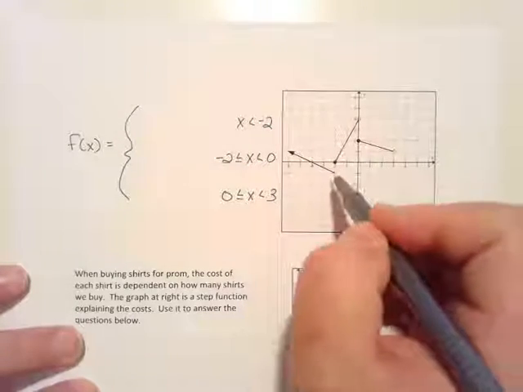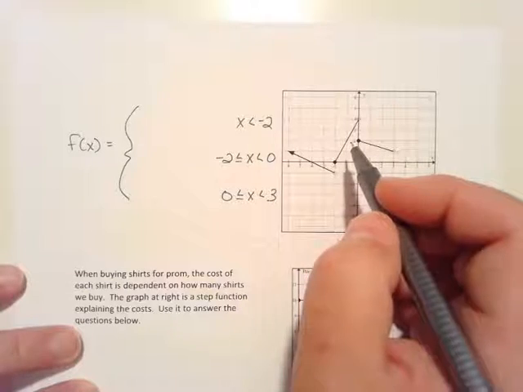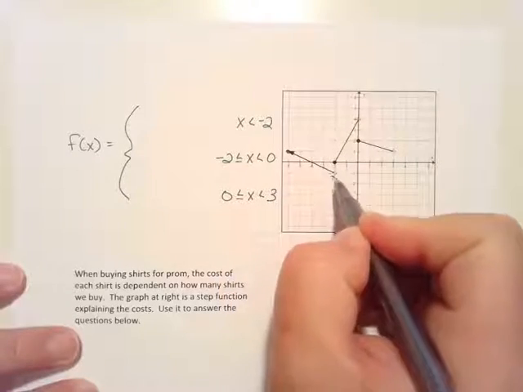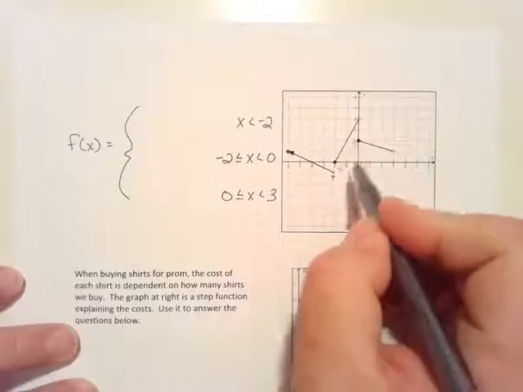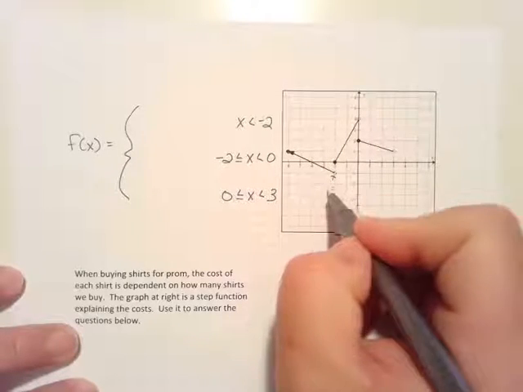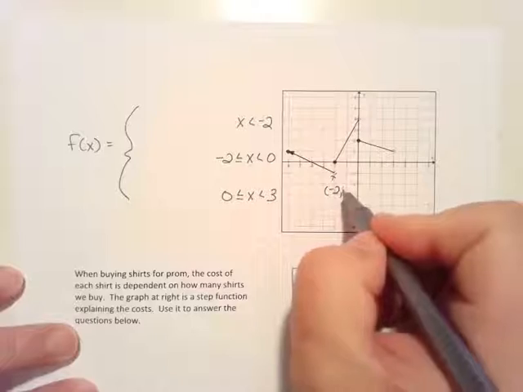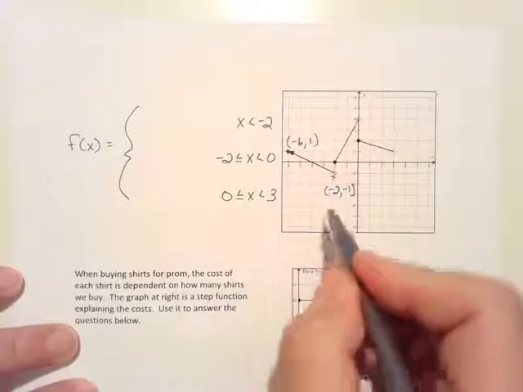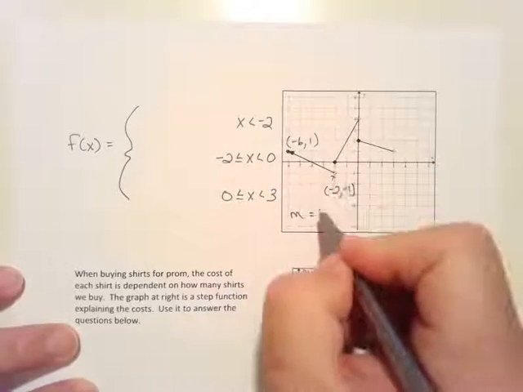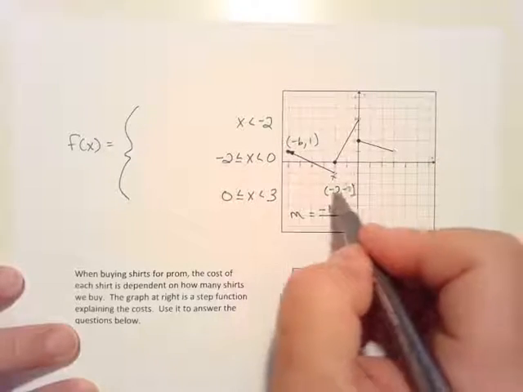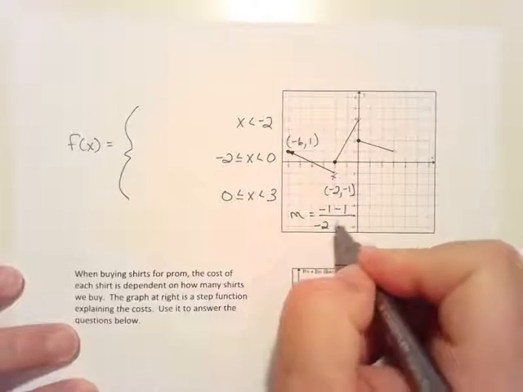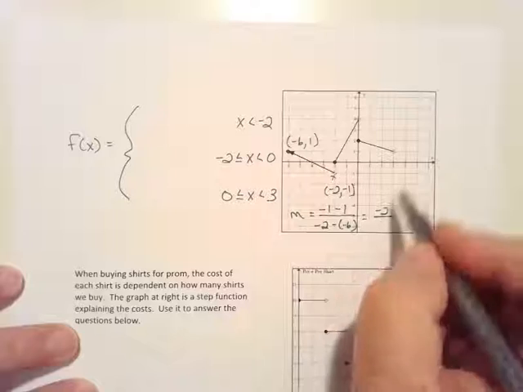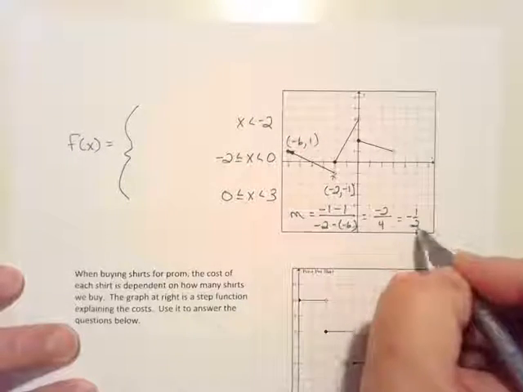So let's do the functions. We have a few different ways here. Let's do the first one with 2 points, even though, again, I think you can find the intercept. So we've got this point is -2, -1. This point is -6, +1. So we get a slope, -1 minus 1 over the -2 minus -6, which would be -2 over 4, so -1/2.